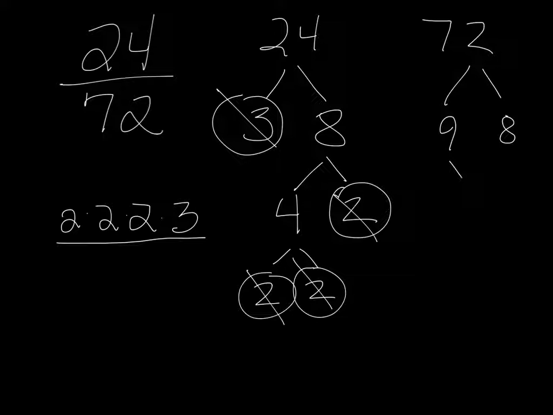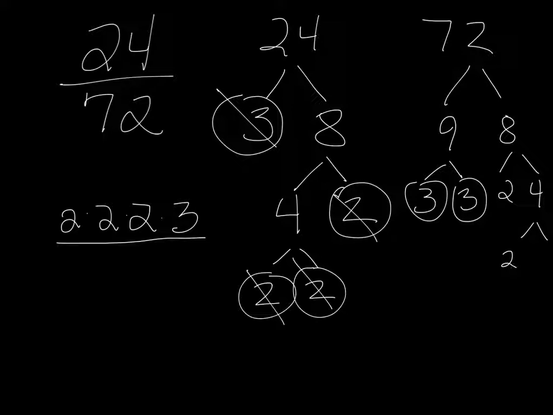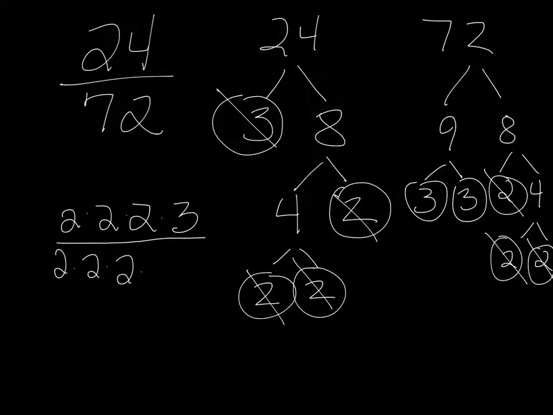9 is not prime. So I need to split that up into 3 times 3. Those guys are prime. And then, as we already know, 8 is 2 times 2 times 2. Okay, so I don't want to forget any of my numbers here, so I know I have to do 3 twos. 1, 2, 3.